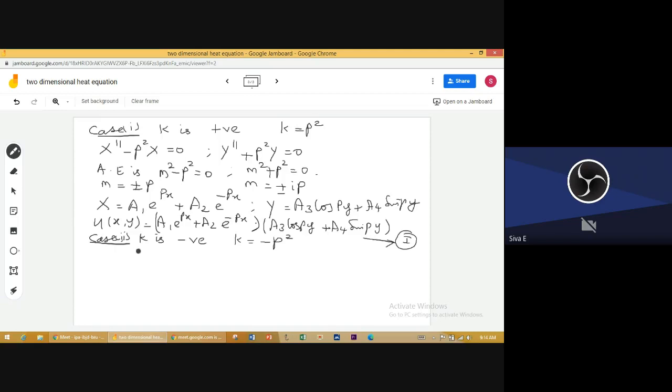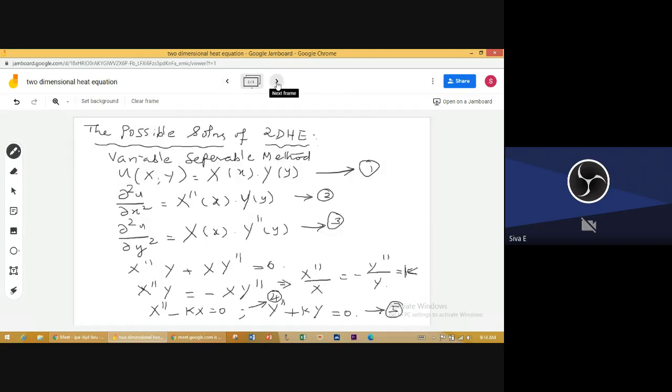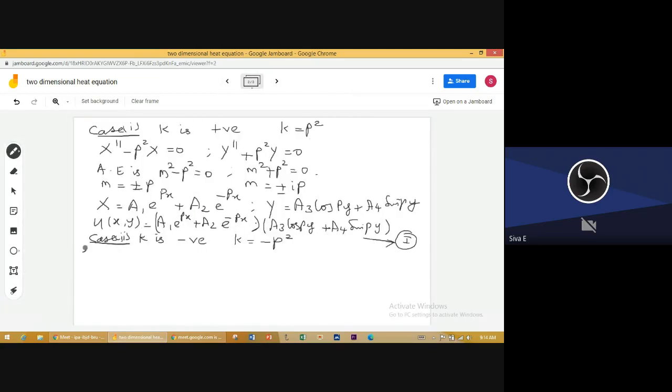So equations 4 and 5 become X double dash plus p square X equal to 0, and Y double dash minus p square Y equal to 0.